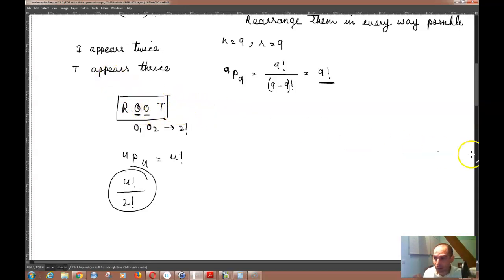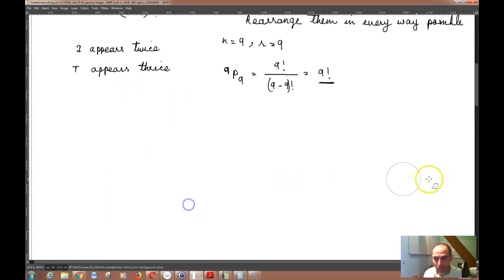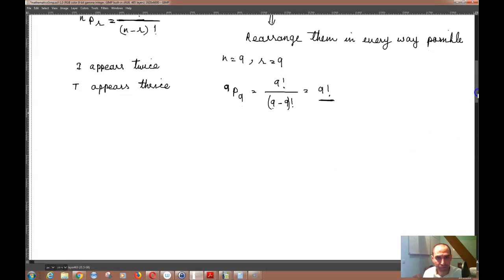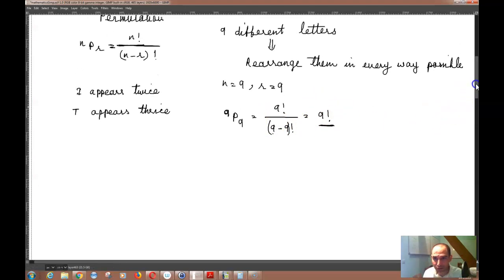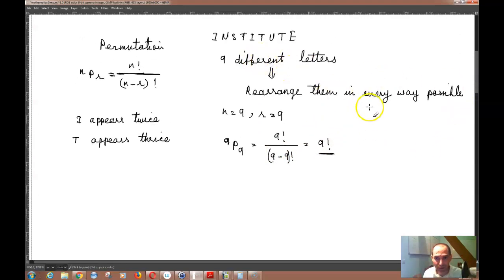So I'm going to have to do the same thing over here. In this example, the permutation of all of these letters, treating them as different letters, is 9 factorial.